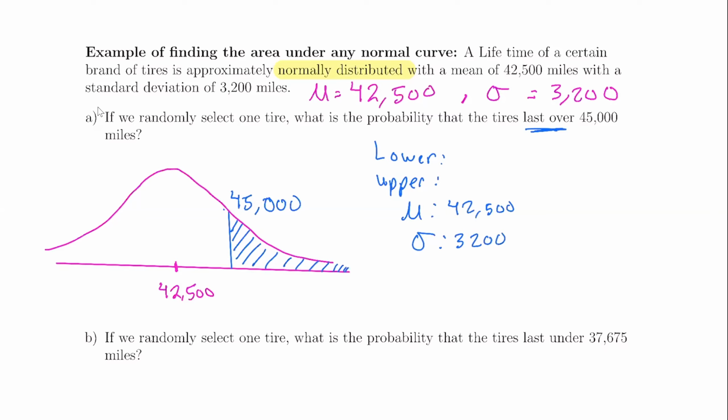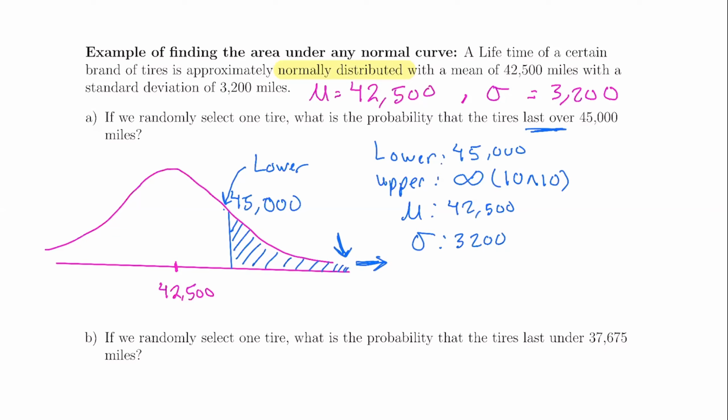If you look at the lower, it gets cut off at 45,000, so this will be my lower, 45,000. If you look at my upper, there is no cutoff. It keeps going and going to the right-hand side, so that means it's going to positive infinity. But remember, we don't have a button for positive infinity, so we put 10 to the 10 power. Everybody good so far on my lower, my upper, my mu, and sigma?